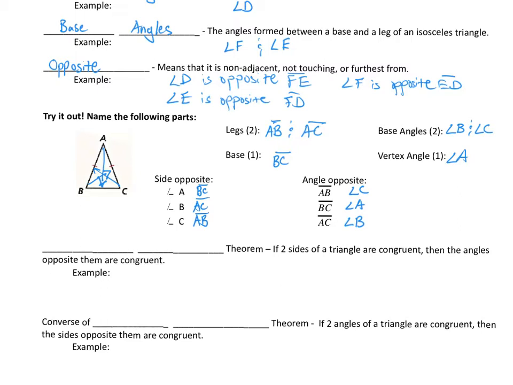Let's talk about the theorem. If two sides of a triangle are congruent, then the angles opposite them are congruent. This is called our base angles theorem. They're just saying if the sides are congruent, the angles need to be congruent, so the base angles are congruent.